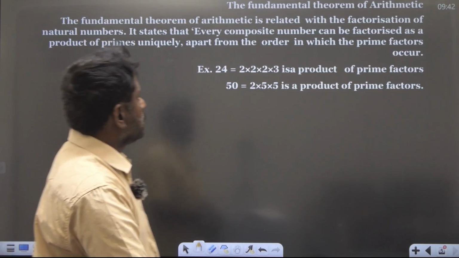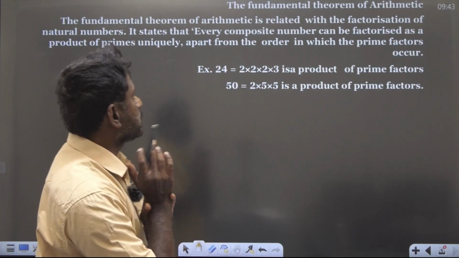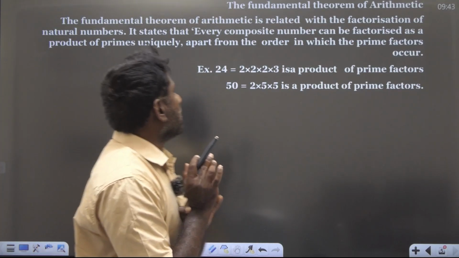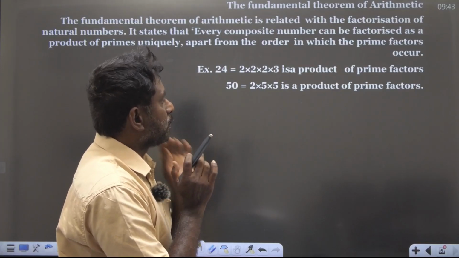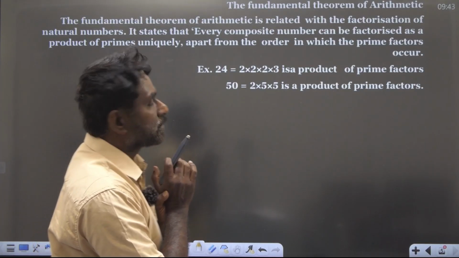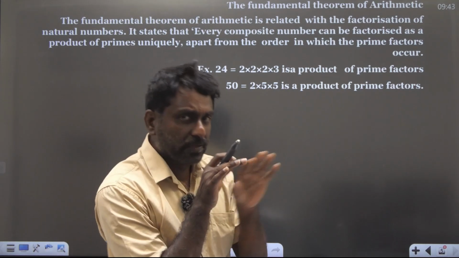The most important part of this chapter is the fundamental theorem of arithmetic. What is the fundamental theorem of arithmetic? Already we have studied it in different forms.